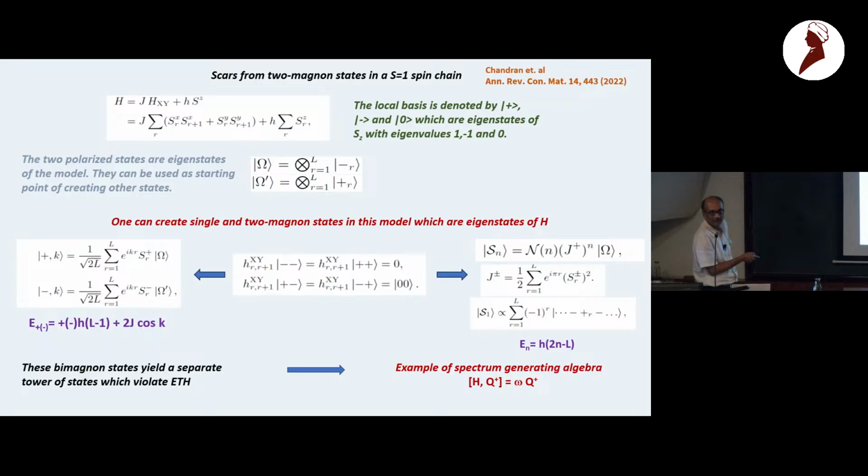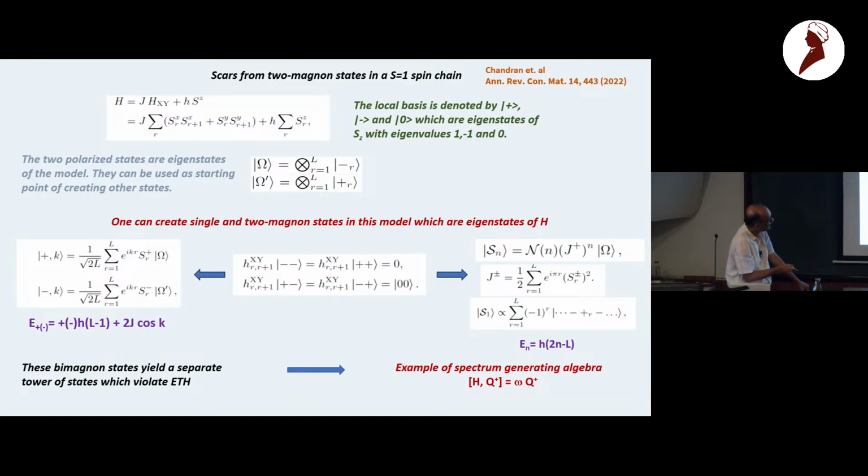But if I do this in such a way that if I act on an even site and on an odd site, they come with the opposite sign, it turns out that this term acting on that kind of plus minus pair just gives 0. It gives 0 on both, but with an opposite sign, and that just cancels. So it's only the Sz term that lives, and then you have a tower of states with this energy, where n is the number of such pairs that you have created.